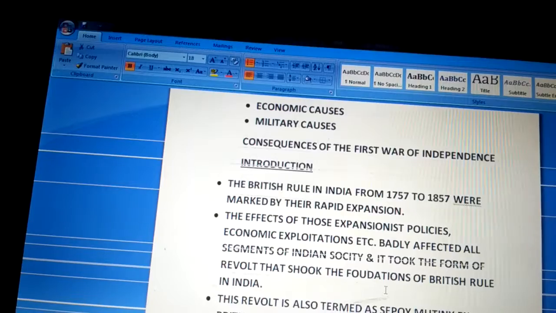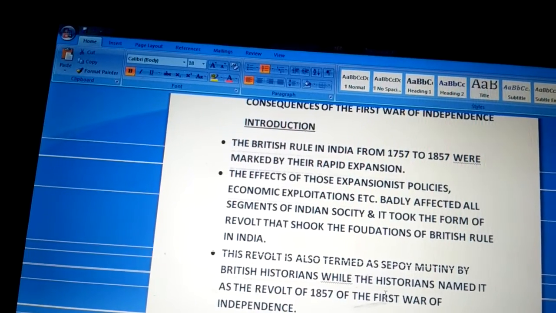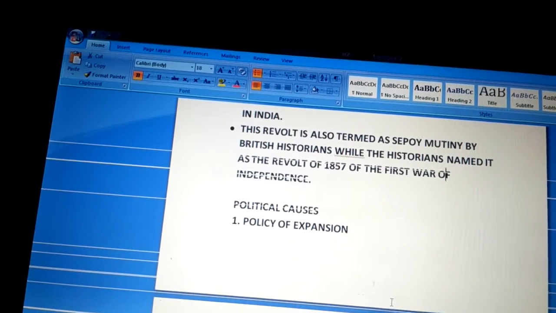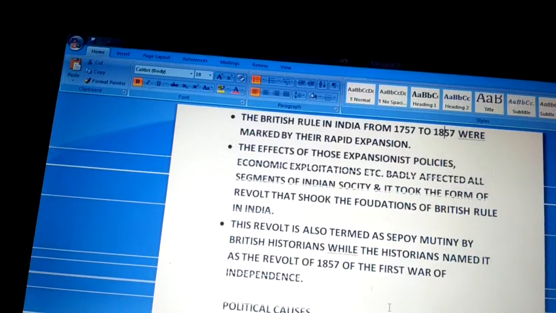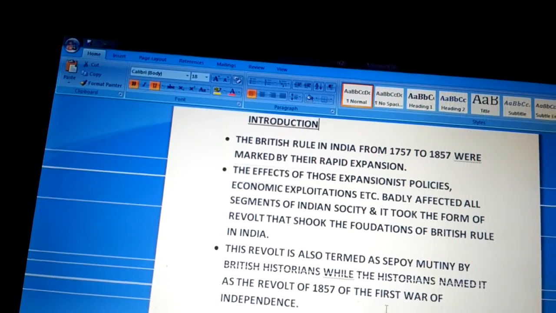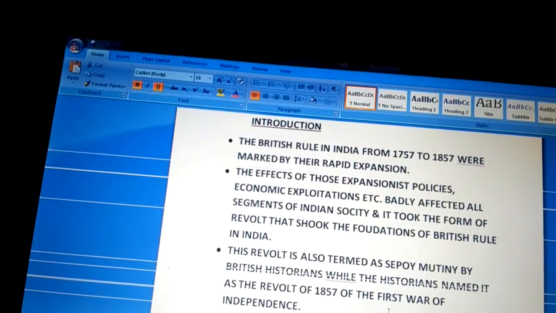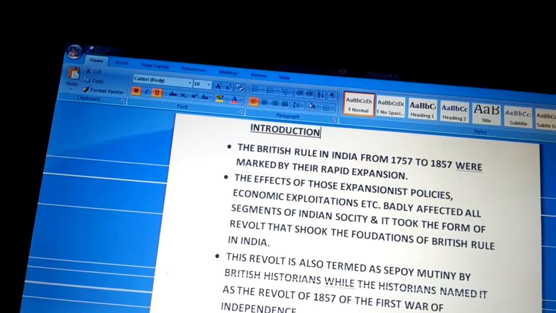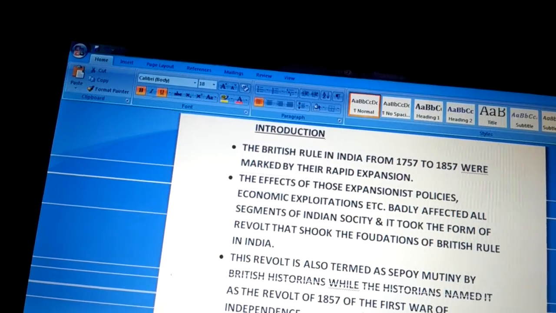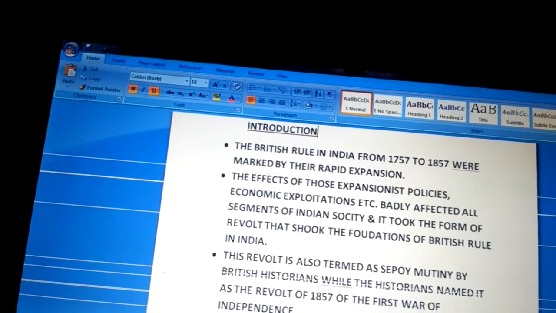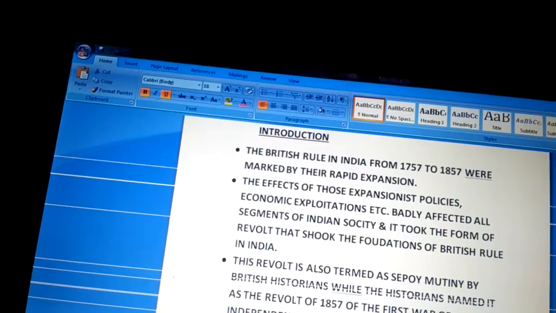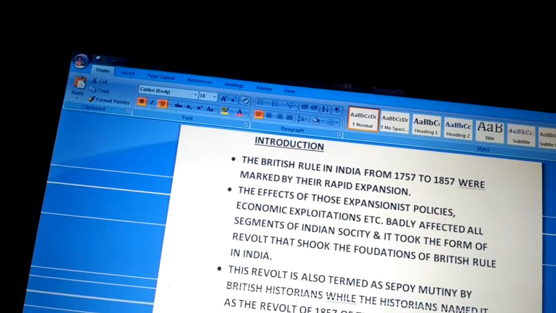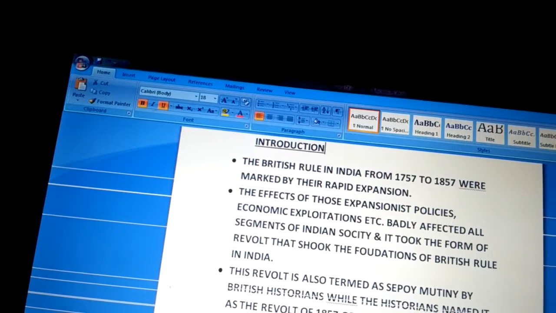In these 100 years, 1757 to 1857, this rapid expansion by the British government affected Indian society, caused different revolts, and shook the foundation of British rule in India.